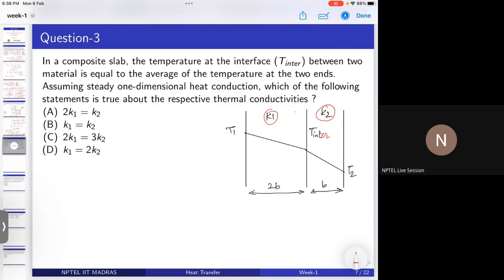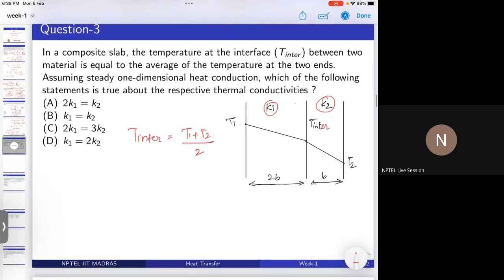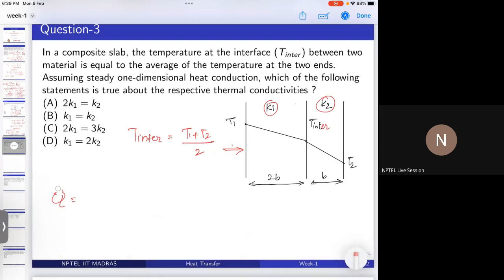Okay, I will also start doing this. In the question, it is given that the intermediate temperature, I'm writing it as T inter, is equal to the average of the two sides, that is T1 plus T2 by 2. So we have to find out the relationship between the thermal conductivities of these two materials, that is K1 and K2. So we know there is a heat transfer happening, and I'm writing it as heat flux because this is a composite wall and both the areas will be the same.